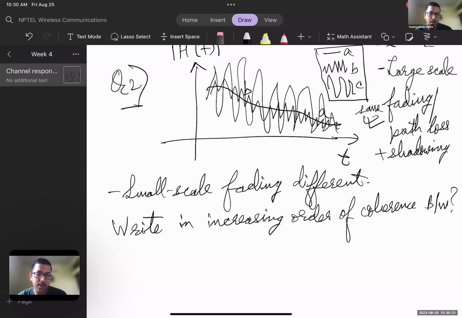So what do you mean by coherence bandwidth? You mean that you are trying to capture the fluctuations in the signals, right?